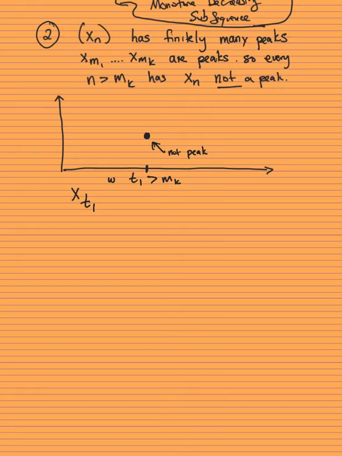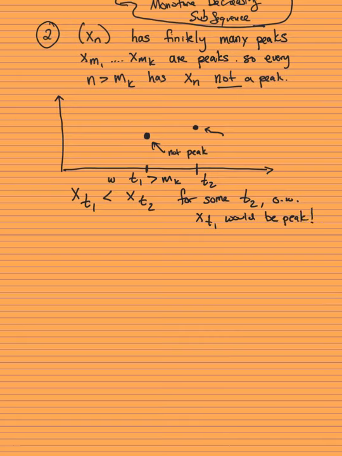It means that there's some term in its future, which I'm going to call t2, which is strictly larger. So there has to be some t2 such that x sub t2 is larger than x sub t1. Otherwise, x sub t1 would be a peak, but there's only finitely many of those.